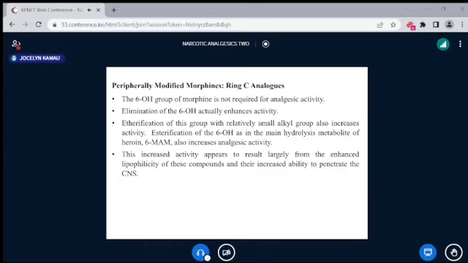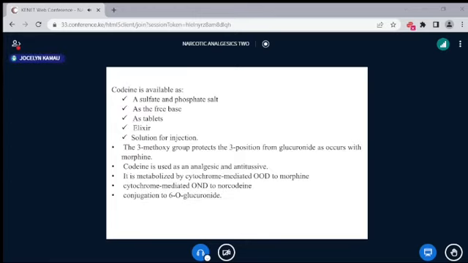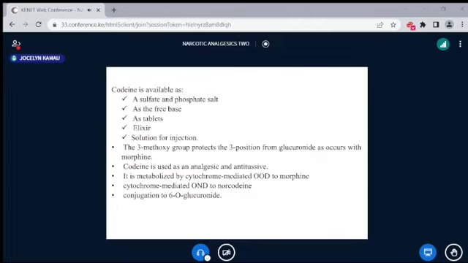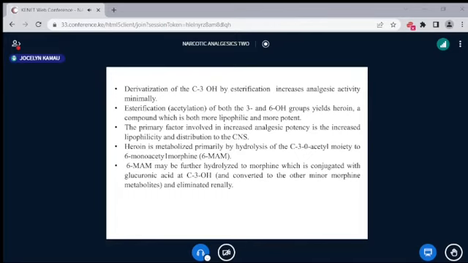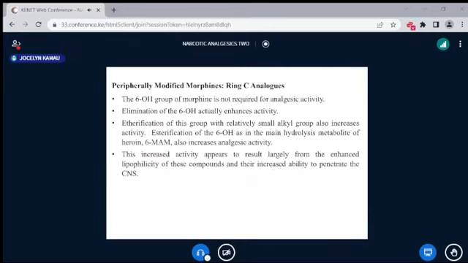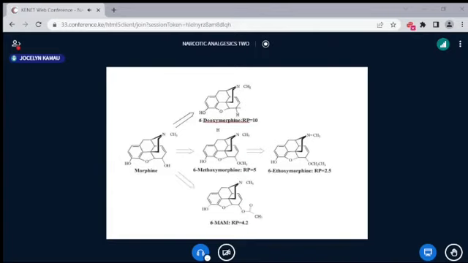So that is the SAR of the 3 position and the 6 position, and I have given you examples of the groups that you can get. Indeed, even the metabolism is here.